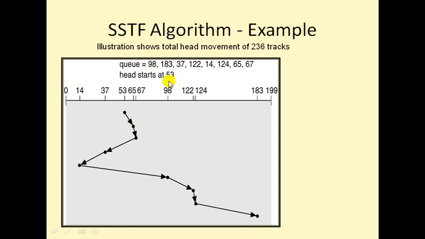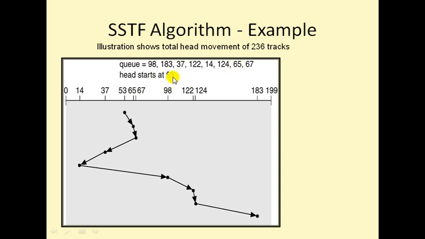From 53 we can move in this direction or in this direction. So before choosing, we first calculate which track position is nearest from 53. I think track 65 is nearest. If you subtract 53 from 65, we get the value.